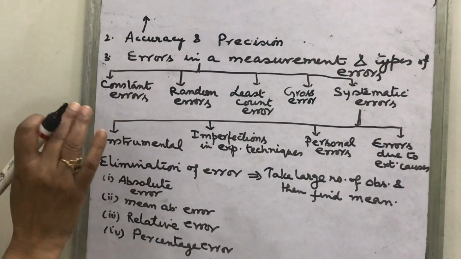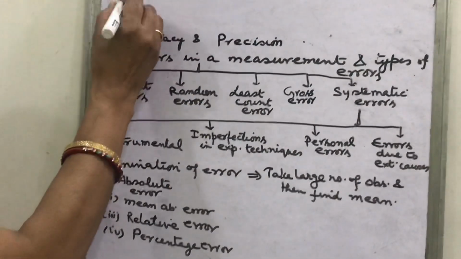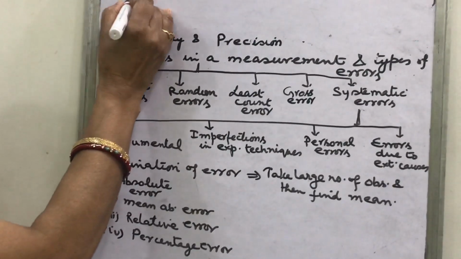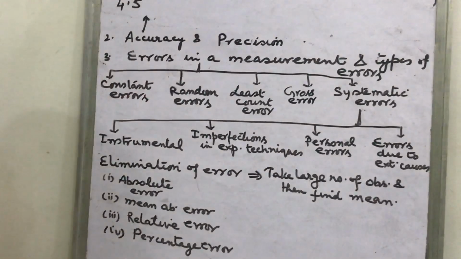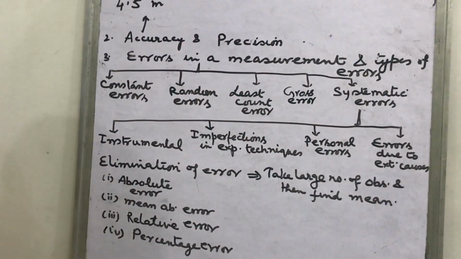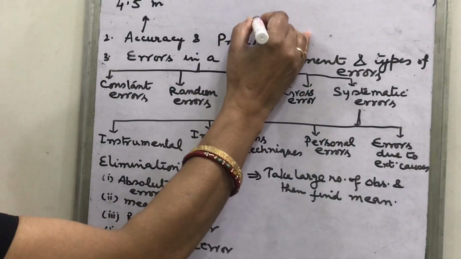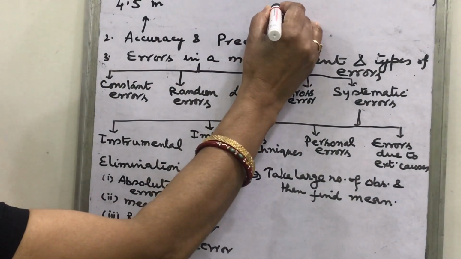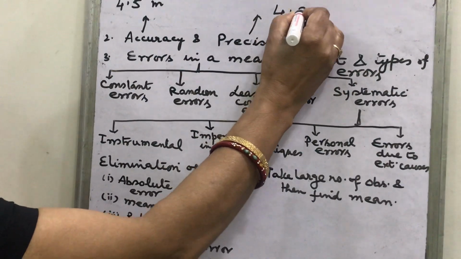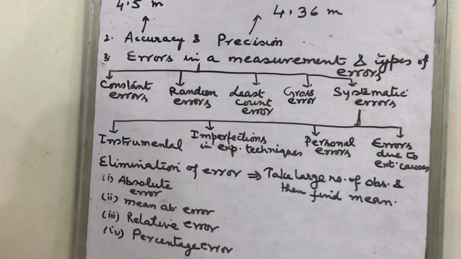Suppose in one experiment, this value is measured as 4.5 meter, and in another experiment it is measured as 4.36 meter.